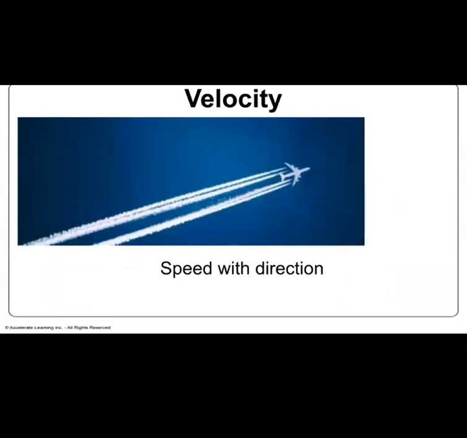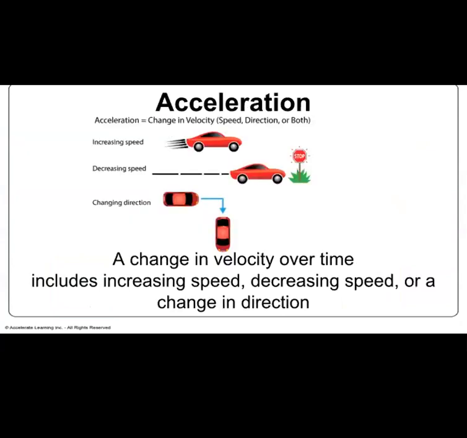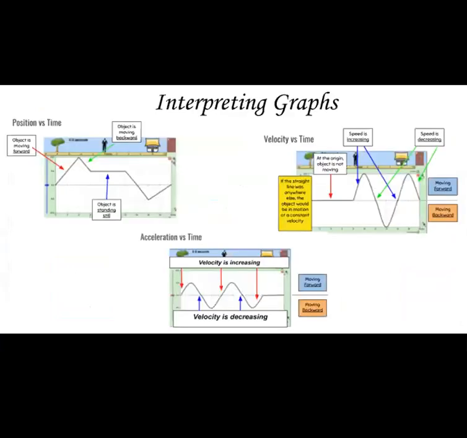If velocity changes in any way, then we are accelerating. And acceleration is more than just speeding up. It could be slowing down or changing direction. Okay. We then went over different graphs, and we need to be careful to know what type of graph we're looking at because those lines mean different things.